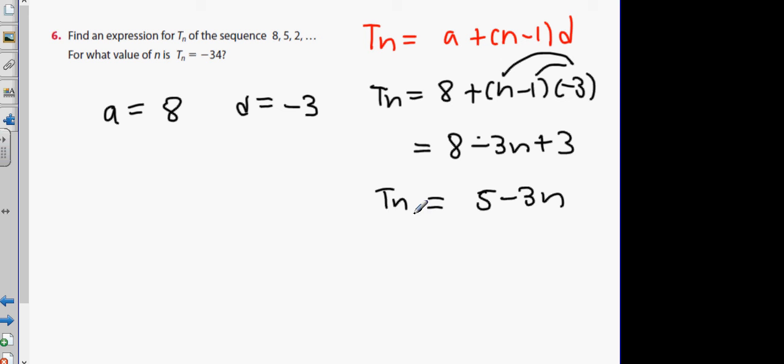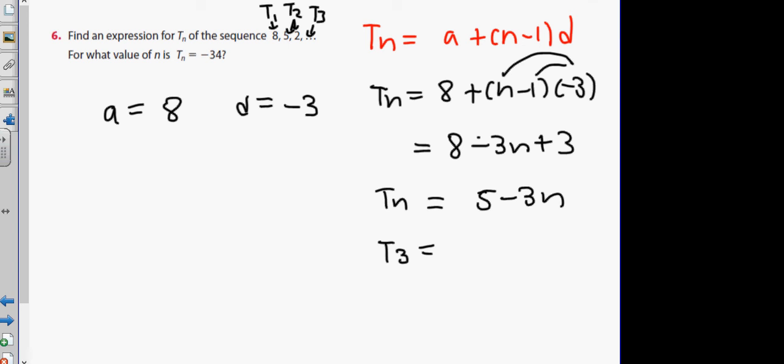Now, let's check this answer to see if it works. What should my answer for T3 be? T3 should be 2. Let's check it out. Sorry, oh, it's 11 minus 3n.